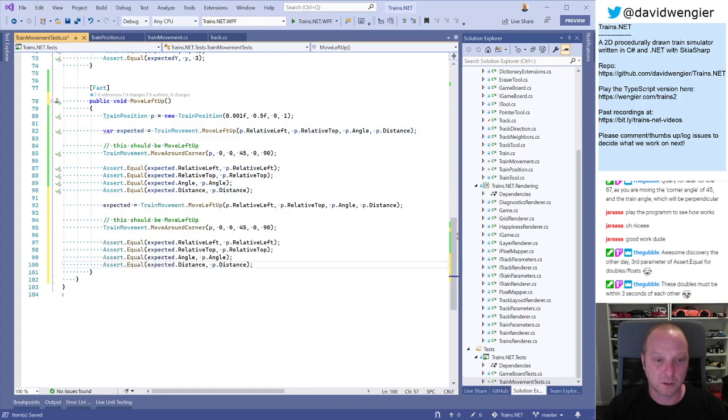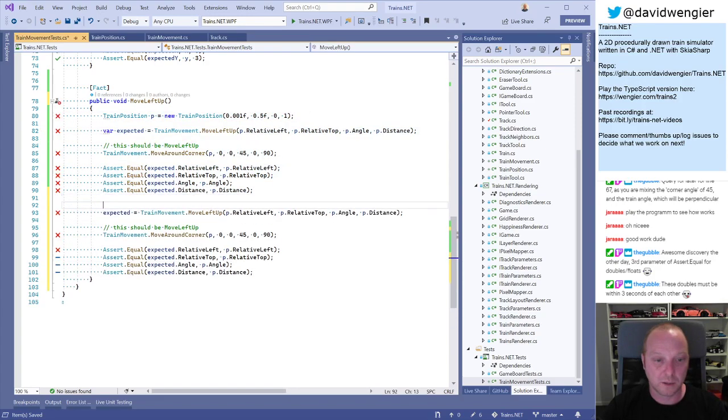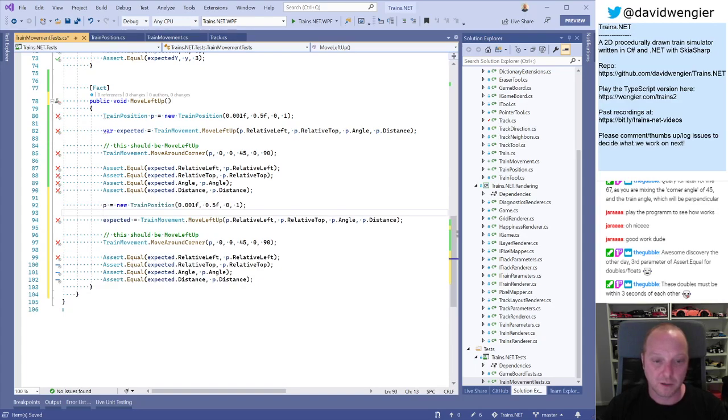So we've done counterclockwise. Now for clockwise, what do we need to be? We need to be at 90, and distance of 1 is fine. This needs to be 0.5. This needs to be 1. We're still in the same position. Our midpoint's still the same. Yeah, this is all the same.